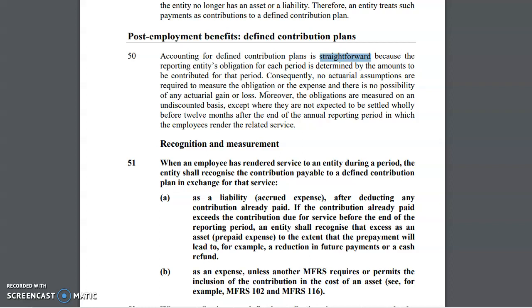So it is straightforward when the company, let's say, needs to contribute 12% to the EPF for each employee. Consequently, no actuarial assumptions are required to measure the obligation or the expense, and there is no possibility of any actuarial gain or loss. Moreover, the obligations are measured on an undiscounted basis.